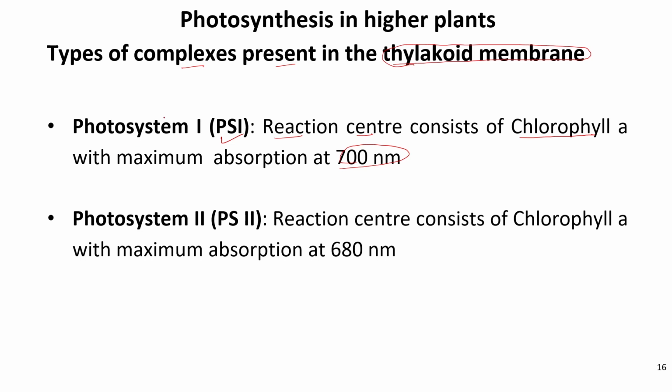That's why we also denote photosystem 1 as P700. Similarly, photosystem 2's reaction center consists of chlorophyll A with maximum absorption at 680 nanometer. That's why we write photosystem 2 as P680.